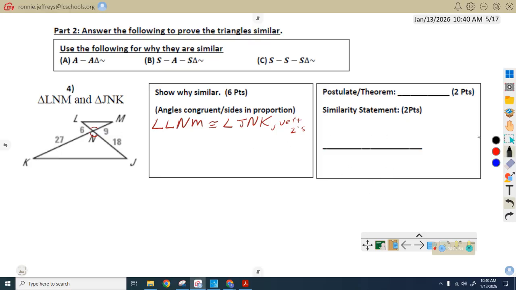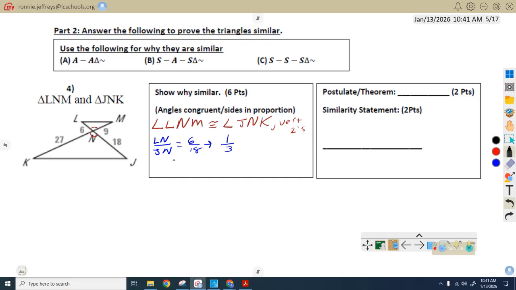Now I need to get these sides to show that they're in proportion. Okay, so I'm going to say LN over JN. Well, that's 6 over 18, which is 1/3.